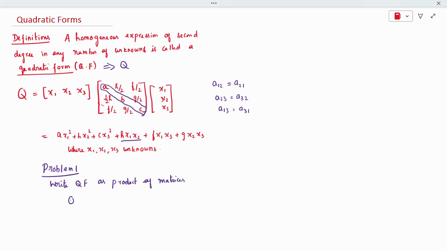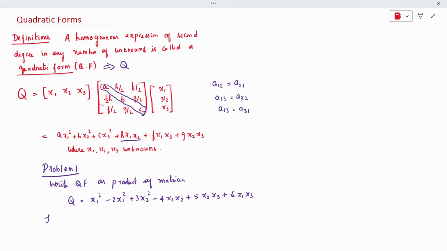Q, it is given in the question: x1 square minus 2x2 square plus 3x3 square minus 4x1 x2 plus 5x2 x3 plus 6 x1 x3 is our question.